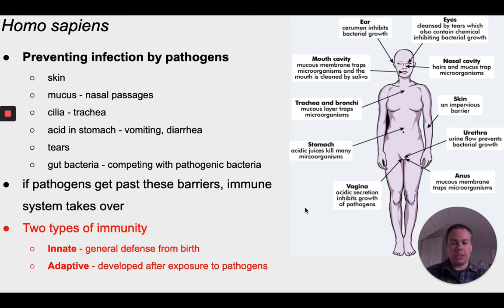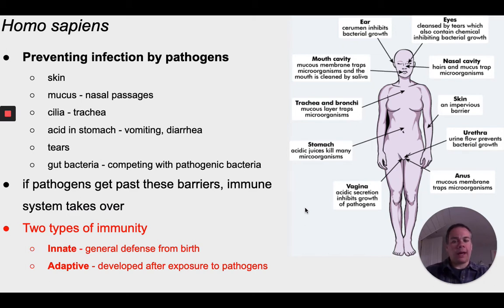Mucus in our nasal cavity helps to trap pathogens before they can penetrate into our body. Cilia in the trachea, acid in the stomach. These are adaptations that can kill pathogens before they're able to infiltrate our cells and cause damage.